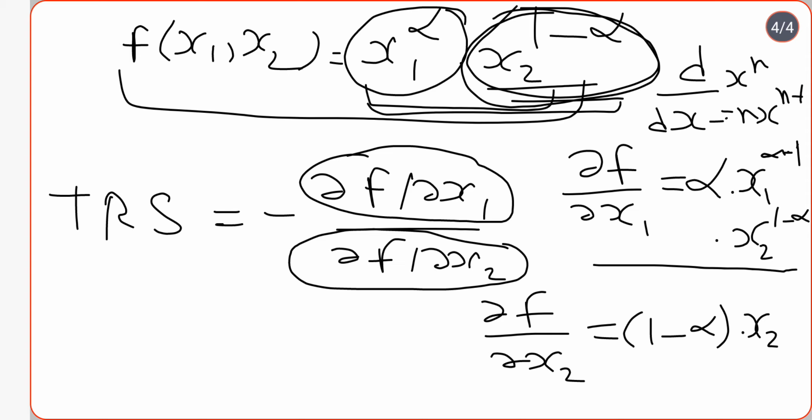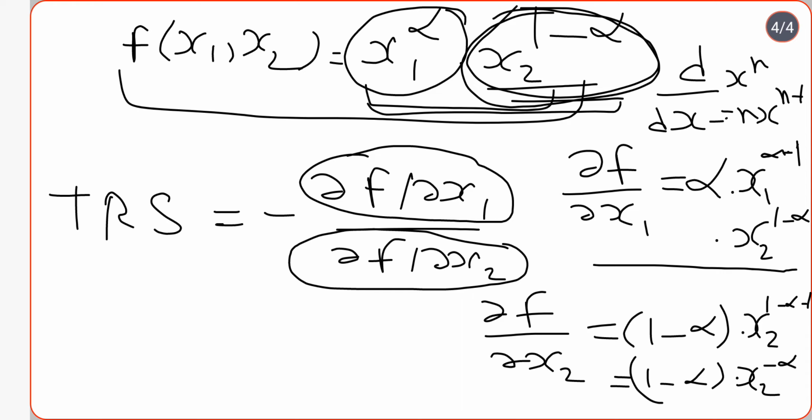So we have to subtract 1 minus alpha minus 1. So 1 and 1 will cut down, we will get 1 minus alpha into x2 to the power minus alpha.